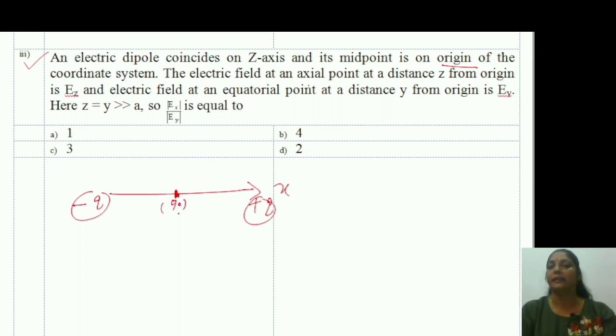Now, the electric field at an axial point at a distance z from the origin is Ez. This is the axial position along the axis.